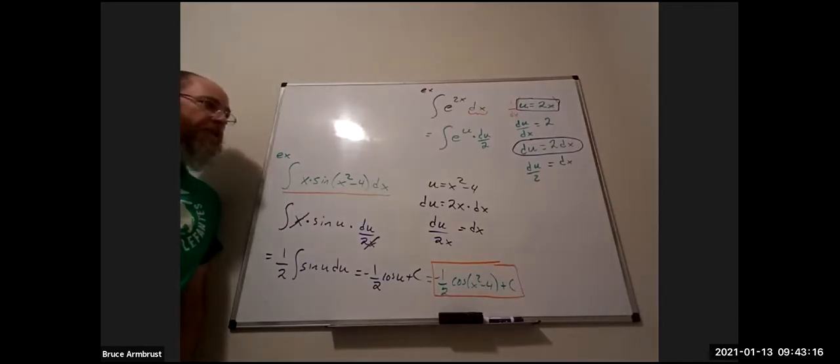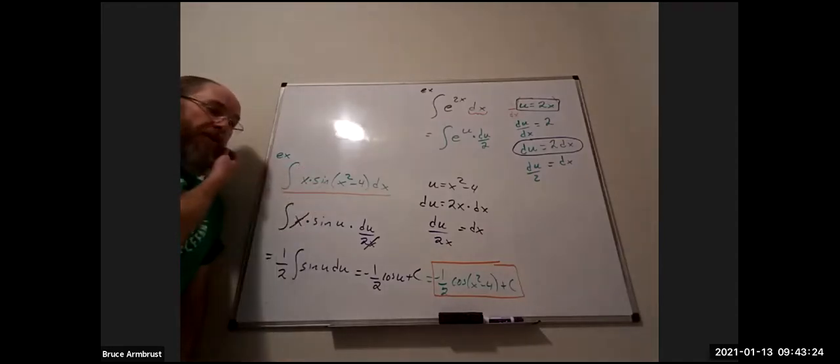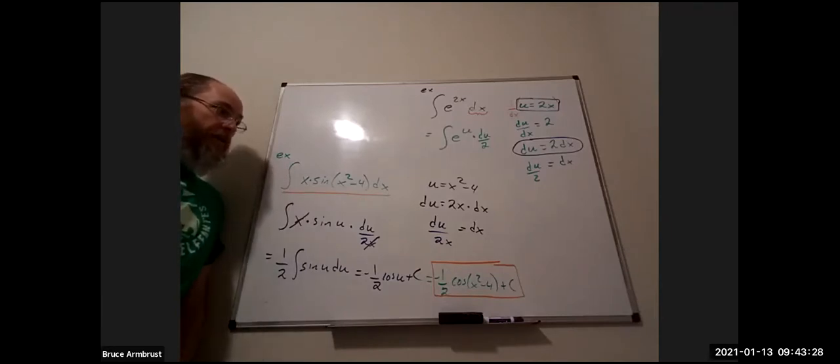All right, so legit, the hardest part is figuring out what to substitute for so that you can actually get it into a form that you can do the antiderivative.